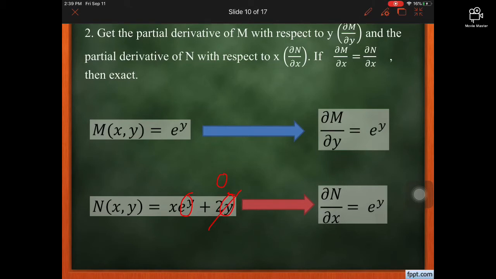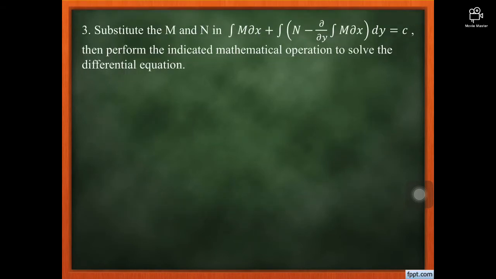The next part is to substitute now the M and N, since we have proved that they are equal, and then solve for the solution. The first step for the solution is to substitute the M and N in the equation given on your screen.